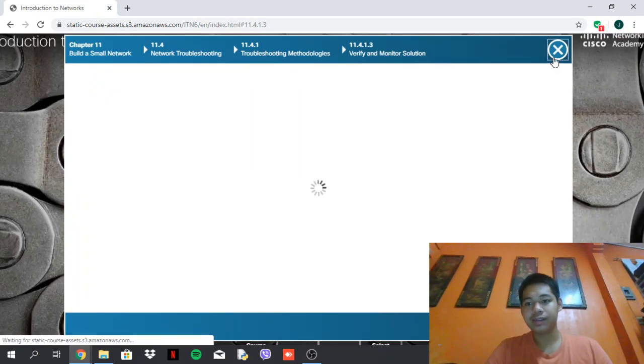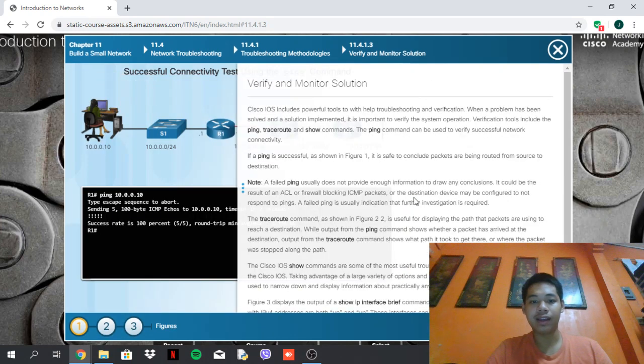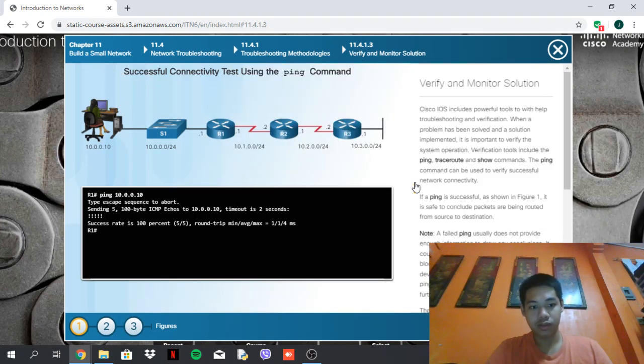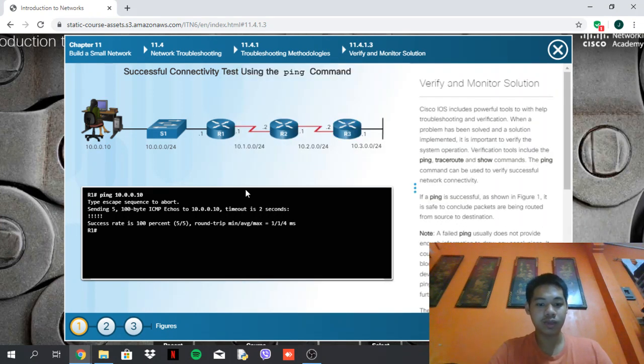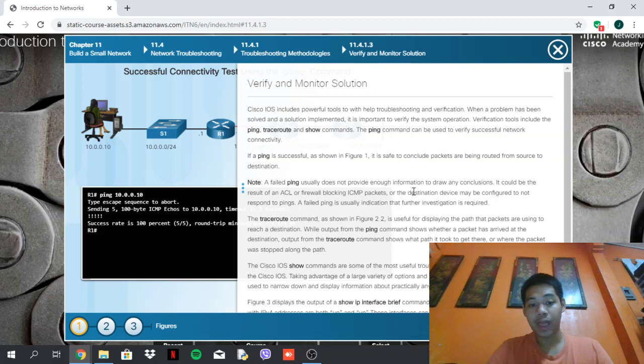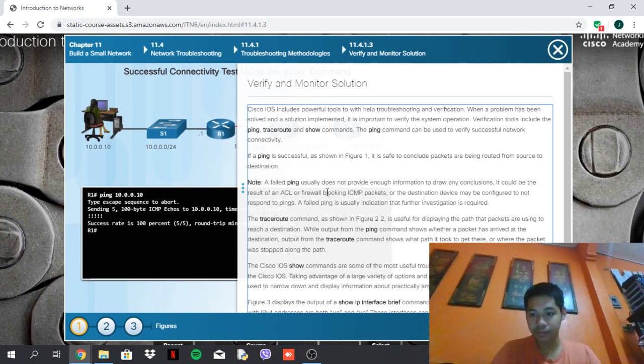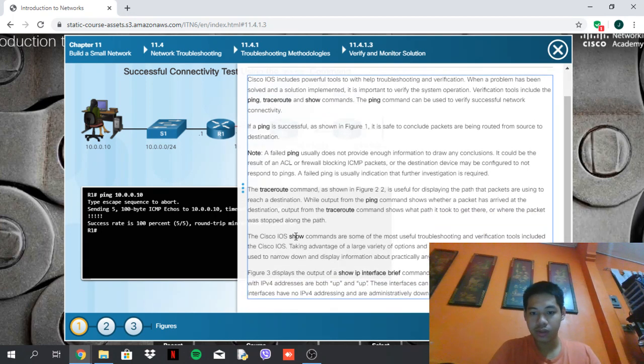And in troubleshooting, you should always verify and monitor your solution. Verifying and monitoring your solution is always checking your command prompt, typing ping, or how to trace the connection, how to show your commands, and how to show the IP interface, because it shows the two interfaces configured and the use of IPv4 and IPv6 addressing those two protocols.